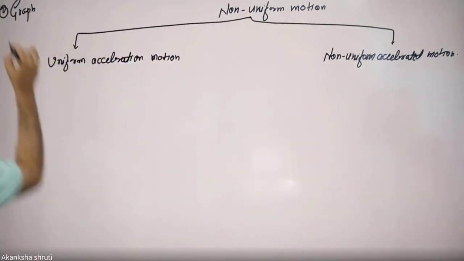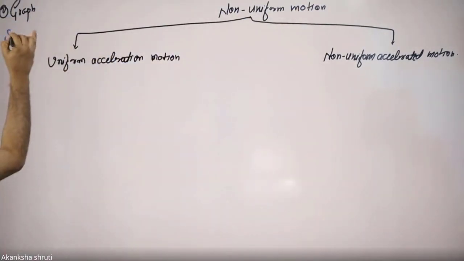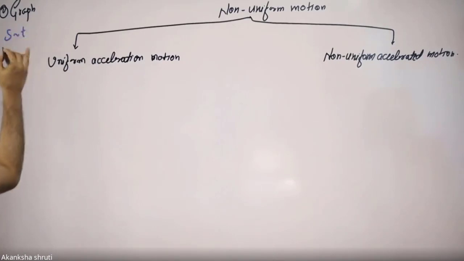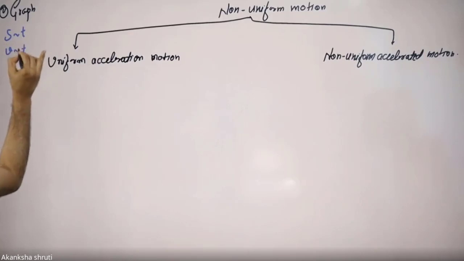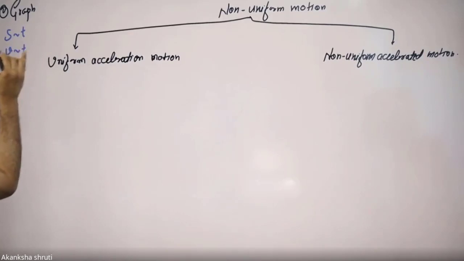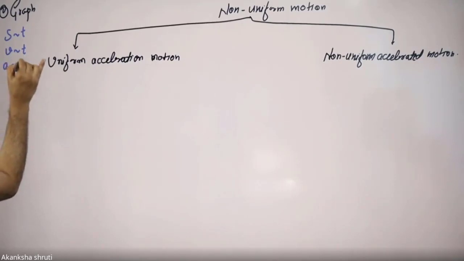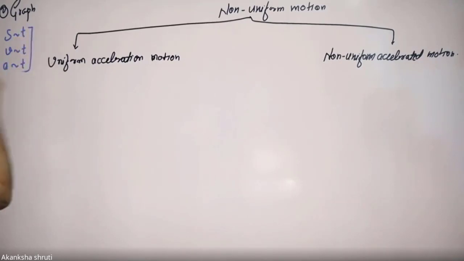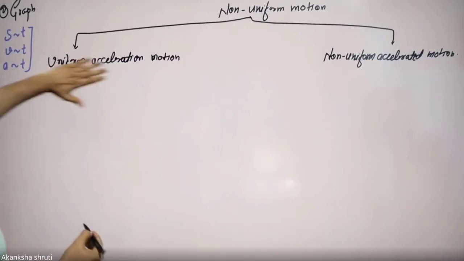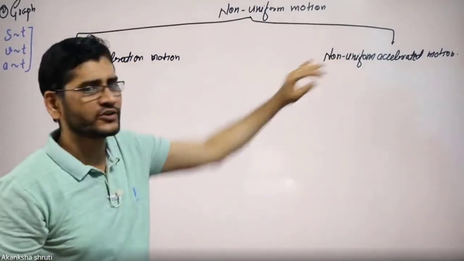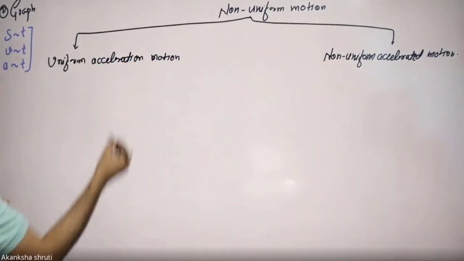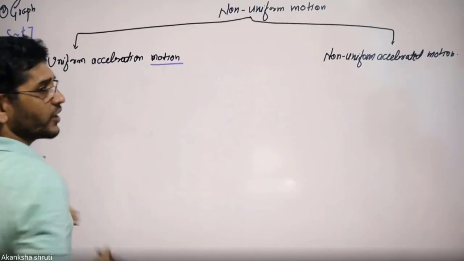Again, this graph can be your ST graph, means displacement time graph, or distance time graph, VT graph, means velocity time or speed time, or it can be the third, acceleration time graph. So these three kinds of graph we have to draw for uniformly accelerated motion and for non-uniformly accelerated. Keep in mind, the body is in motion.